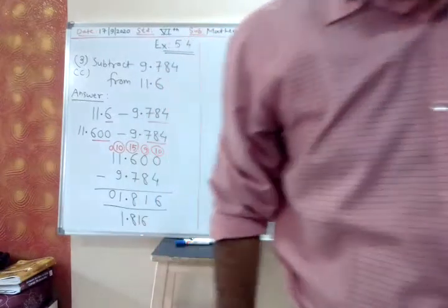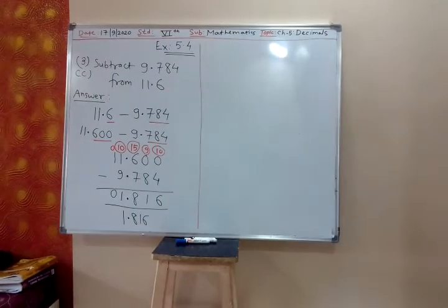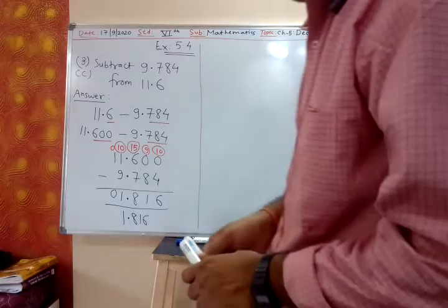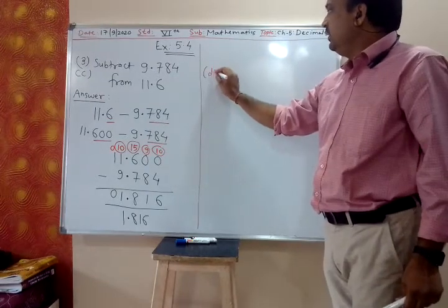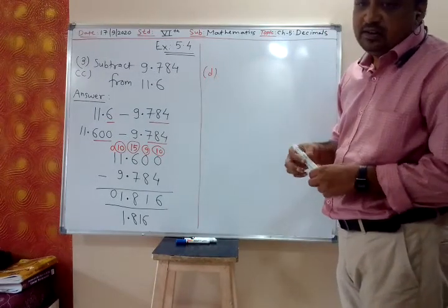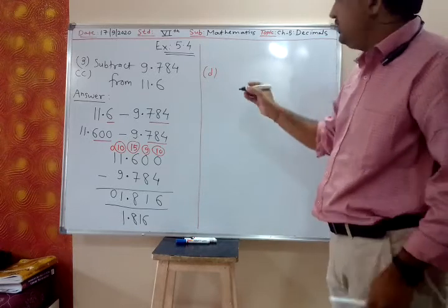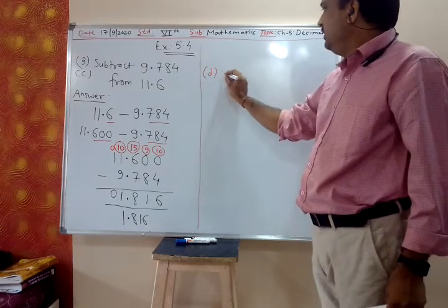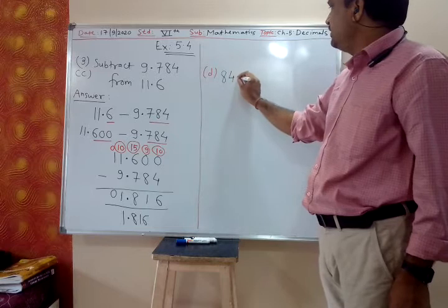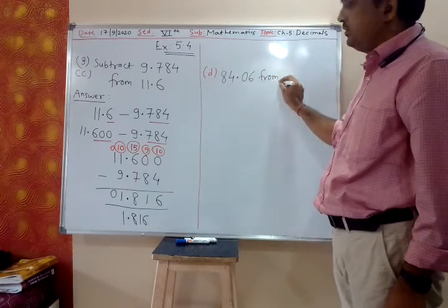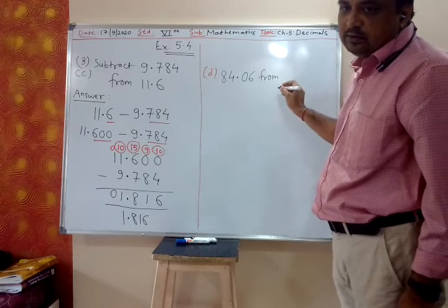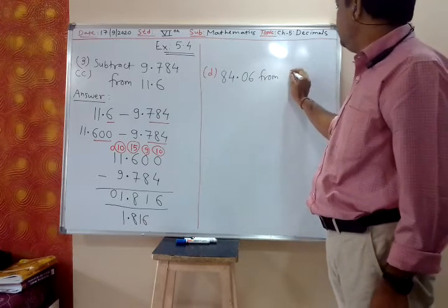Now, I am planning to give homework. D is: subtract 84.06 from 90.